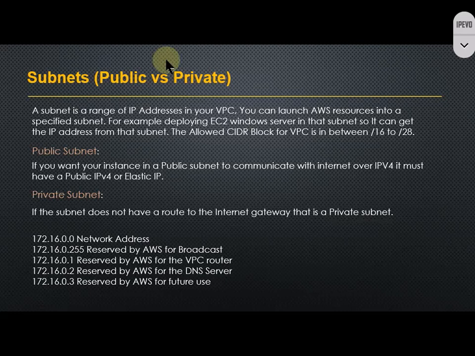A subnet is a range of IP addresses in your VPC. You can launch AWS resources into a specified subnet. For example, deploying an EC2 Windows server in that subnet, so it can get an IP address from that subnet.